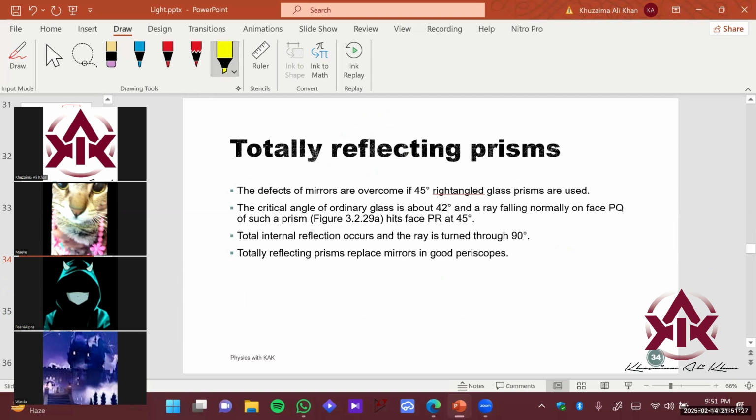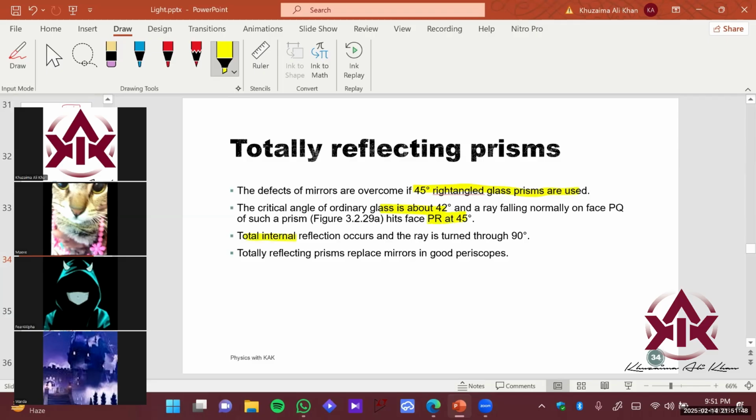Okay. Whatever we have discussed now is written over here. The defects of mirrors are overcome by using 45-degree right angle prisms. The critical angle of ordinary glass is about 42 degrees, and the rays falling are reflected at 45 degrees.